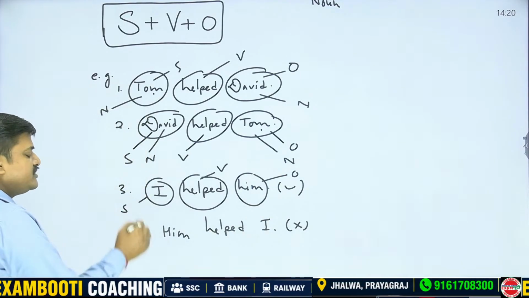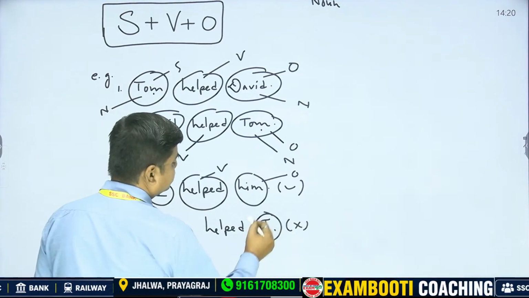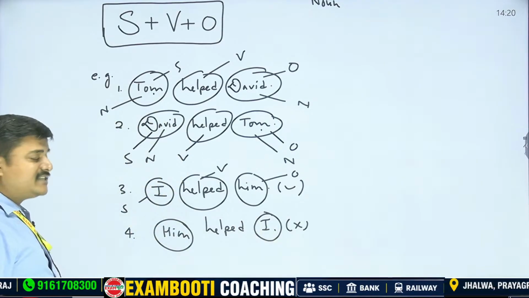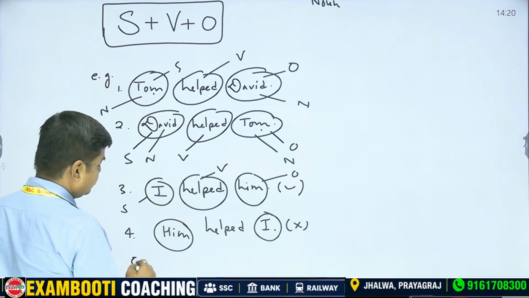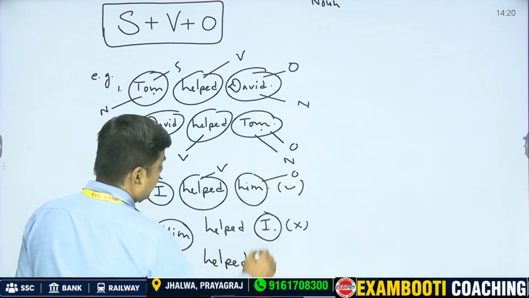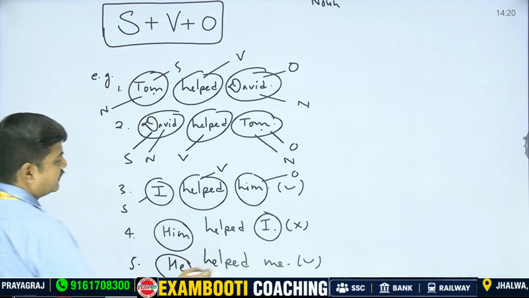This is subject but this is not subject, this is an object's place but this is not an object. That's why this sentence is incorrect. You have to write he and you have to write me here. That's how you find a correct sentence.